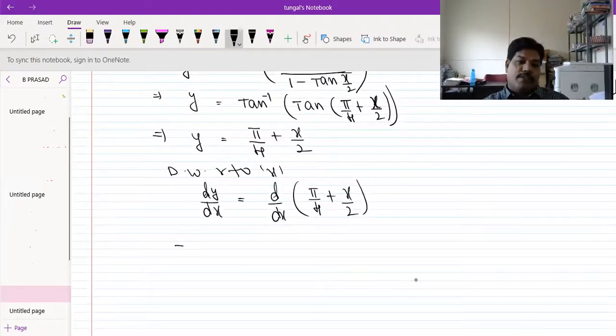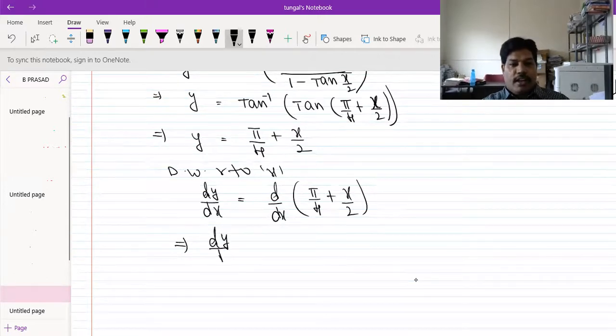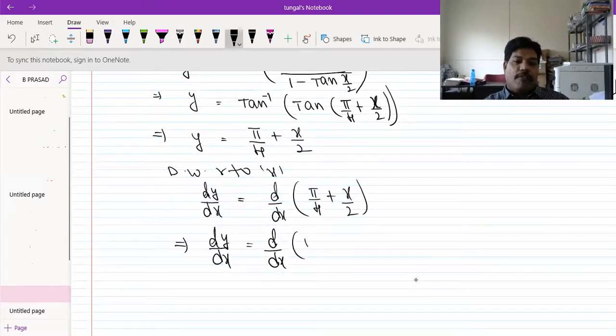So dy by dx becomes the derivative of pi by 4 plus the derivative of x by 2.